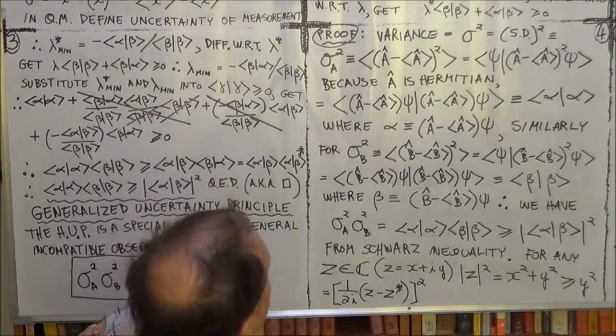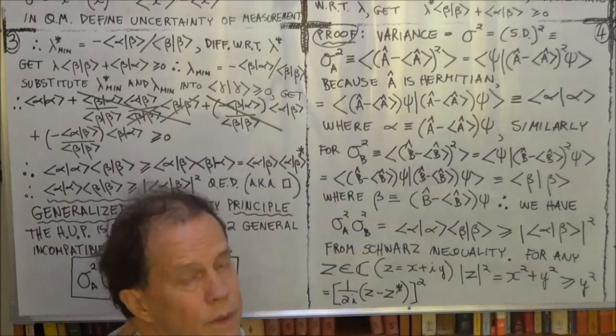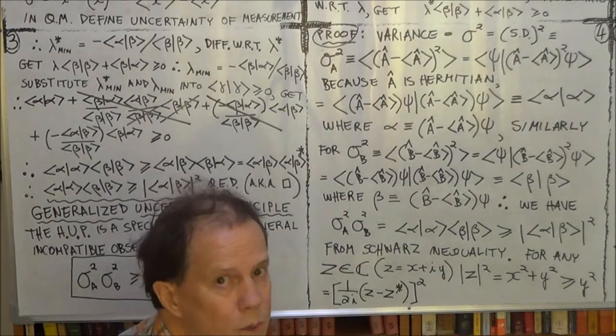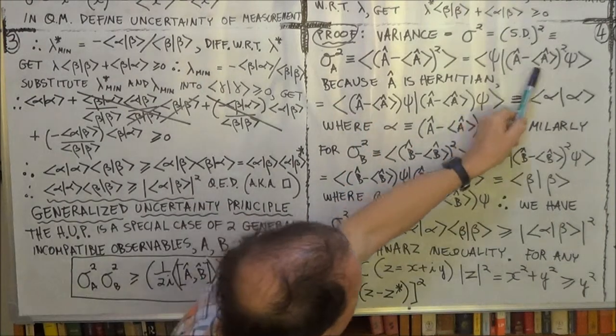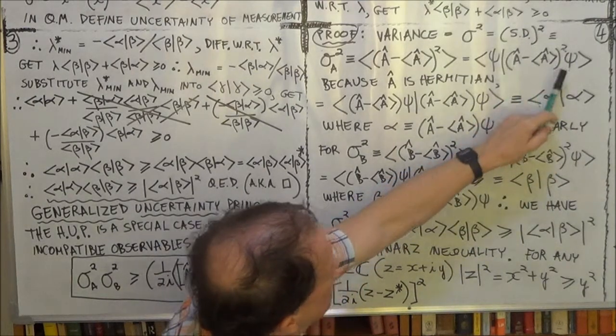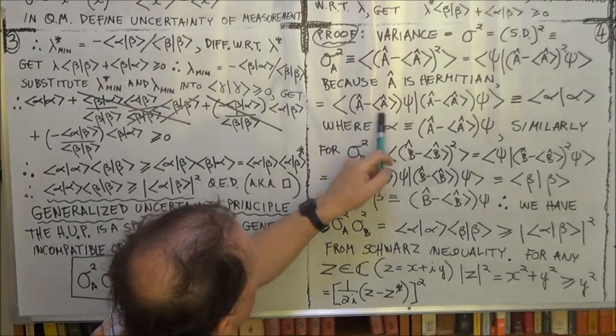Now, an operator of an observable is Hermitian. We talked about that earlier at length. So I can take one of these bracket terms and bring it over to the left side, and I get this.